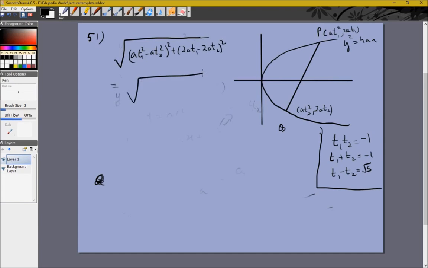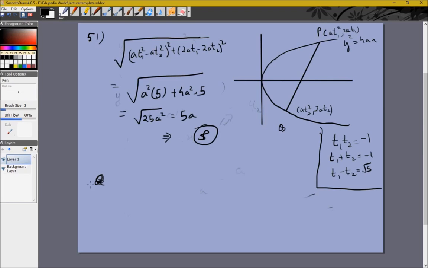That is equal to root of a squared times (t1 squared minus t2 squared), which is (t1 minus t2)(t1 plus t2), which is minus root 5. You square that, you get 5. Plus 2a comes out common, 4a squared times (t1 minus t2) whole squared, that is 5, which means root of 25a squared, which is 5a because it is given to us a is positive. So the answer to 51 is B.